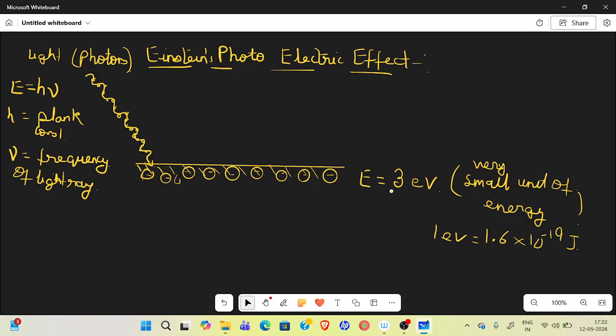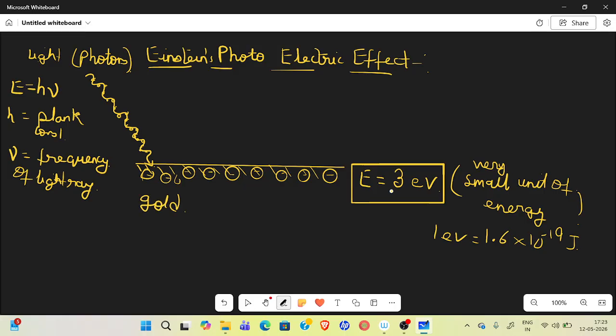It is a very tiny unit of energy because these are subatomic particles and they contain very little energy. So this is the minimum energy to pluck out these electrons out of the surface of this metal gold.